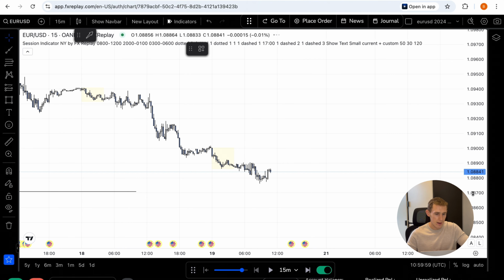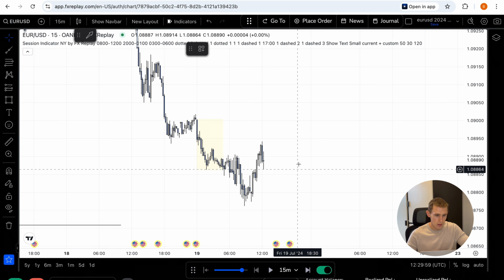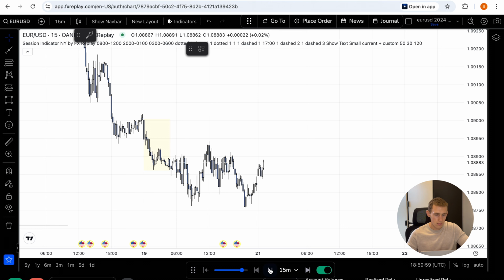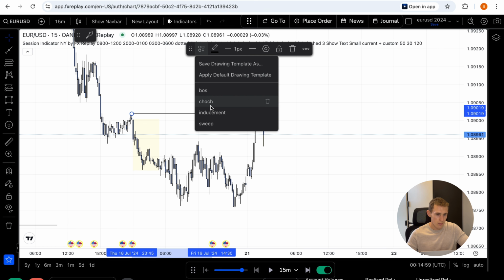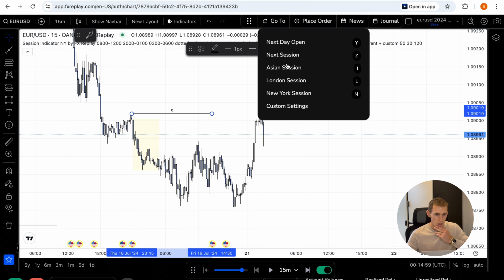If we can see price pull back into a POI. Something like this. So we've had a grab of all of those highs. Let's go to the next day though, because this is in the Asian session.